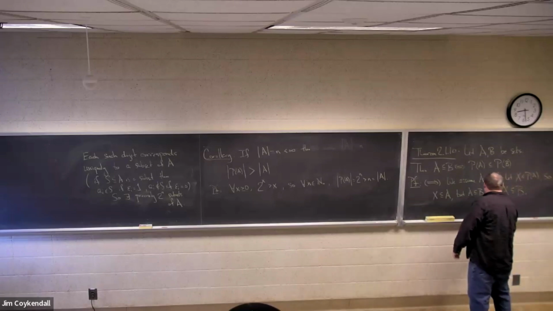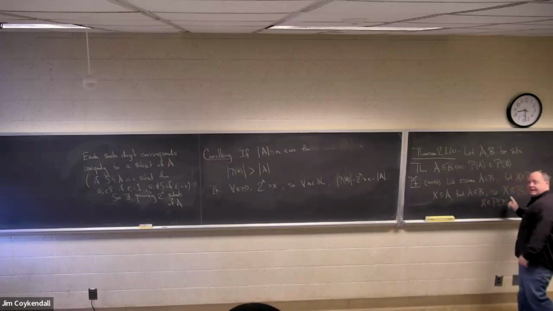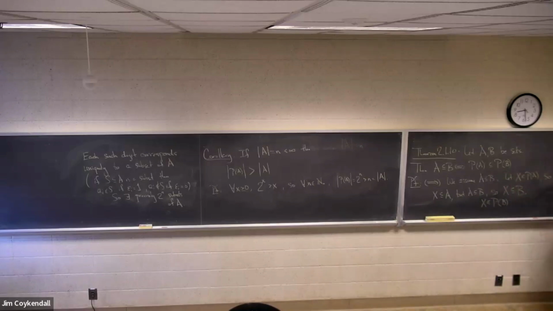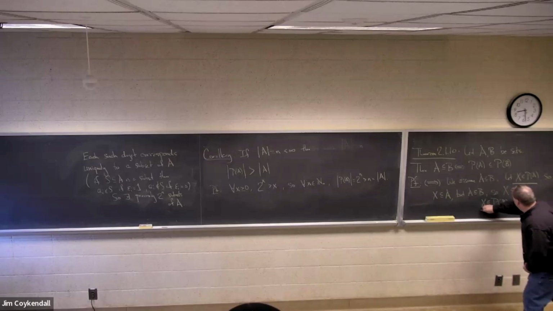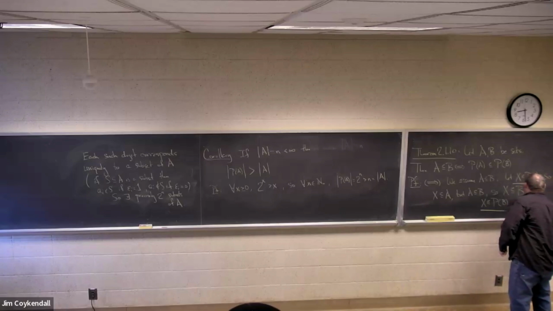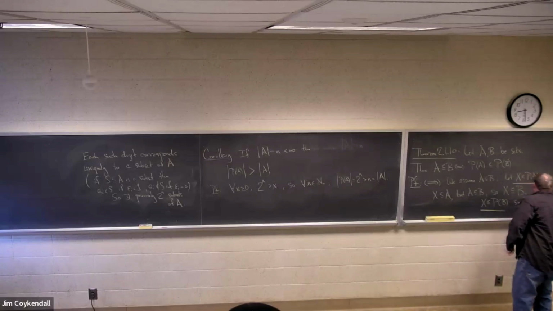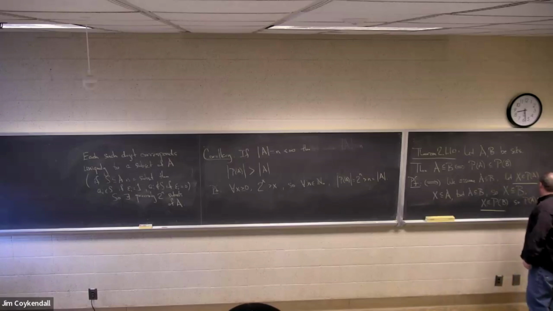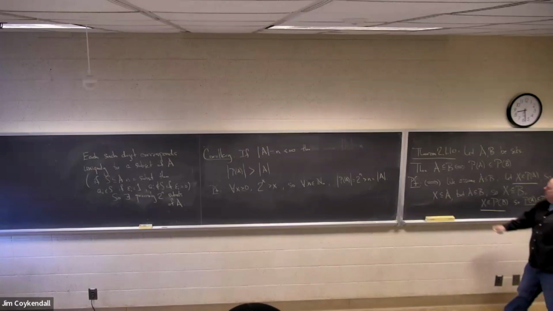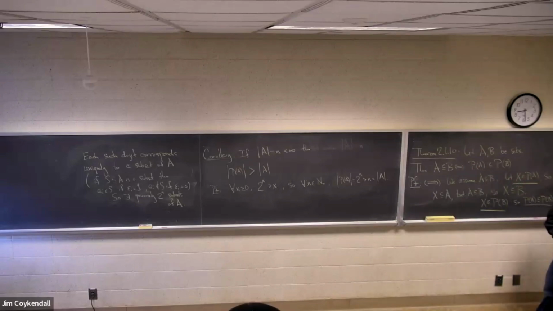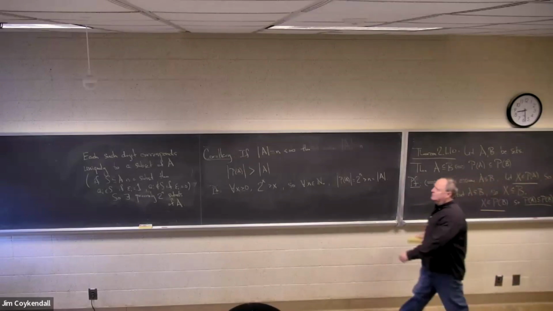In particular, it means that X is in the power set of B, because by definition, it's a subset of B. So what have we shown? We've shown that if X is in the power set of A, then X is in the power set of B. I started from this assumption and got it. Right, okay. How about the other way?